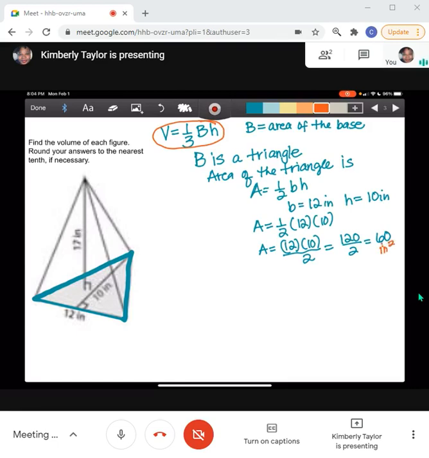So the capital B, we're going to take this and plug it in right here. Now the height that you see right here in this problem is the height of the pyramid. So H is the height of the pyramid.